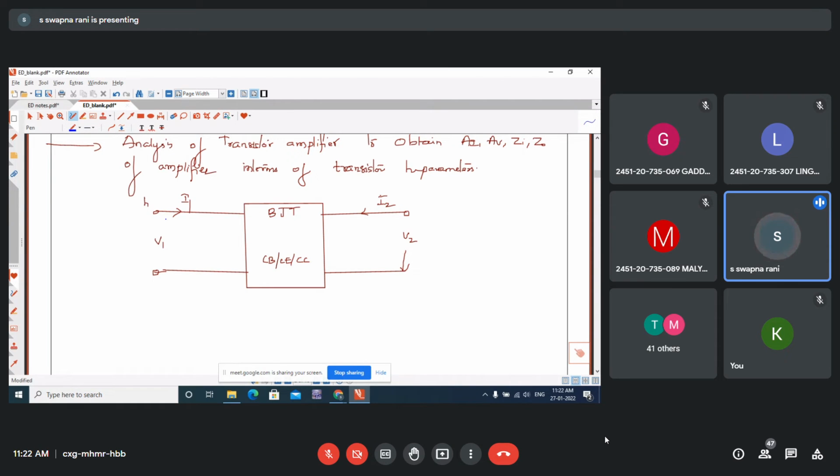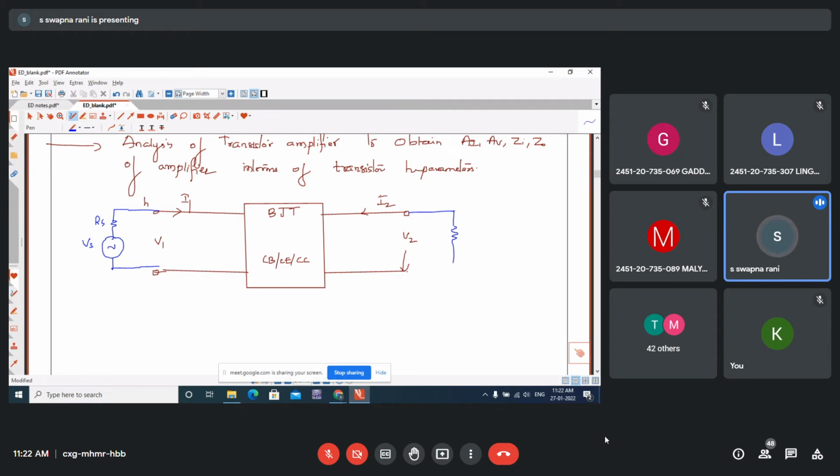Now, how to form an amplifier? An amplifier is formed, if you remember, by applying an AC signal source across the input terminals, and connecting a load resistor across the output terminals.